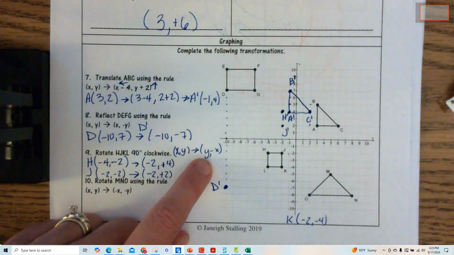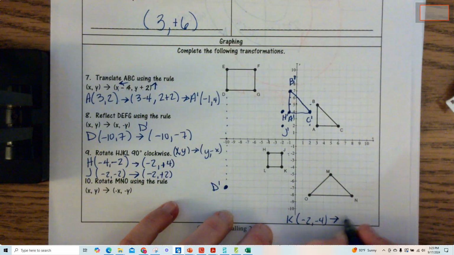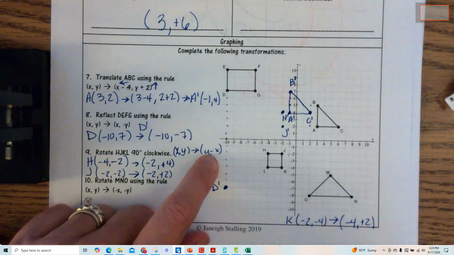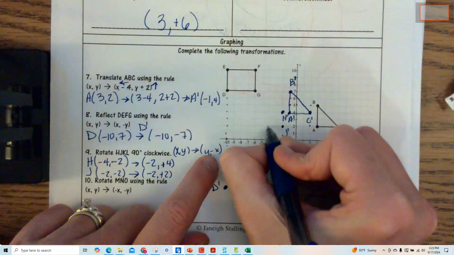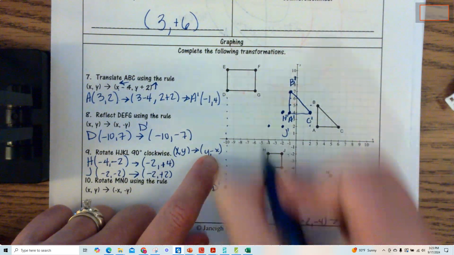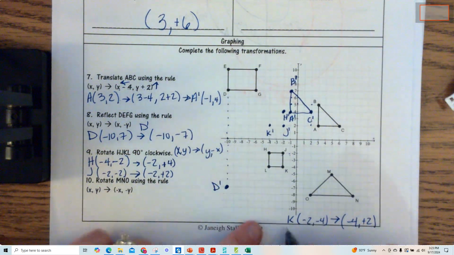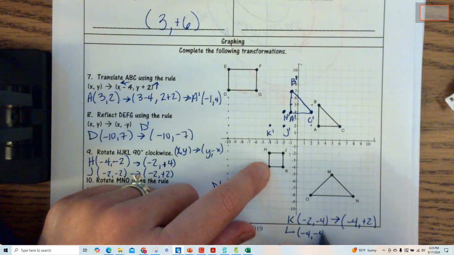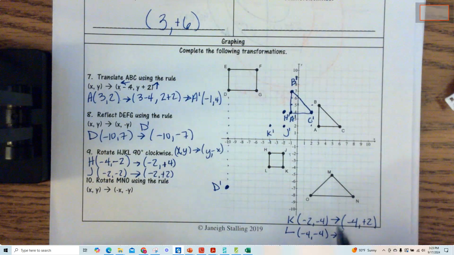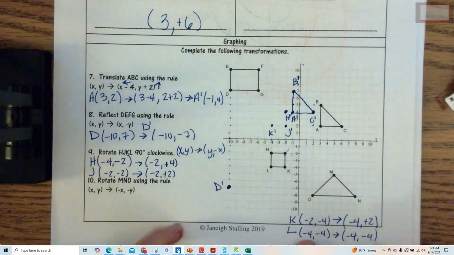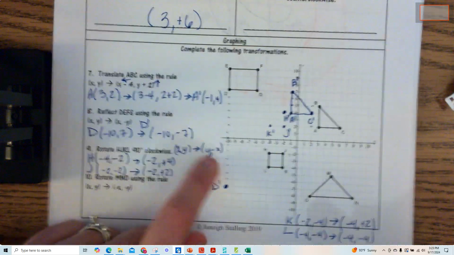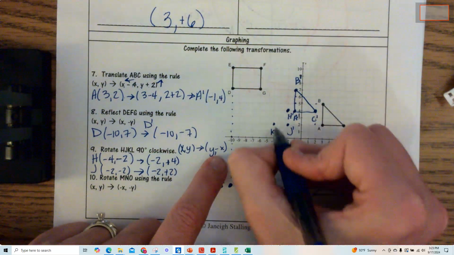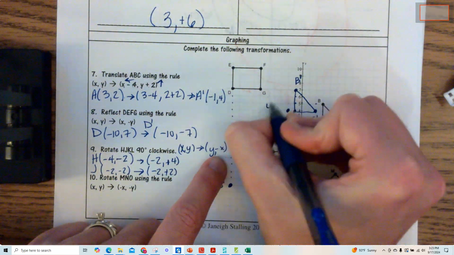So again, my rule, reverse your pieces. The second number changes signs. So -4, -2, that's K prime. And then finally, L is at -4, -4. Reverse them, even though it doesn't change it. Walk yourself through the process. Change the sign of the second. So -4, +4, that's L prime.